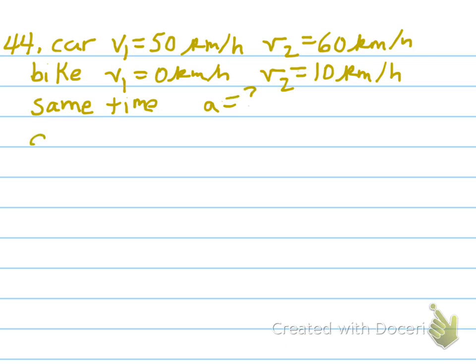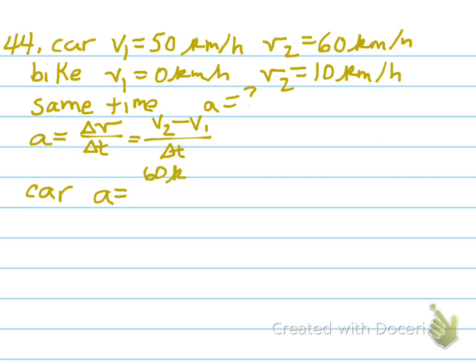Again, our equation for acceleration is our change in velocity over our change in time. Our change in velocity is our final velocity minus our first velocity, divided by our change in time. So for the car, that's going to be 60 minus 50 divided by, we'll just make it 1 second because that makes it easier.